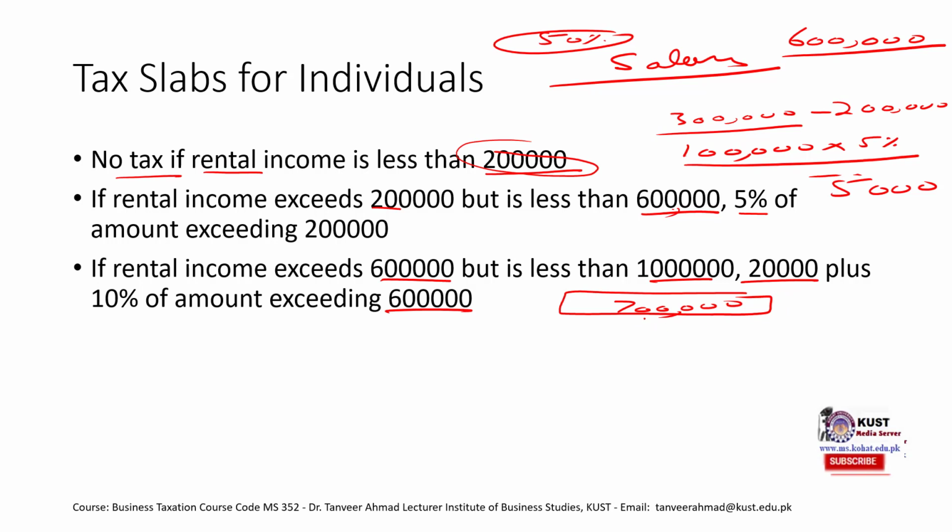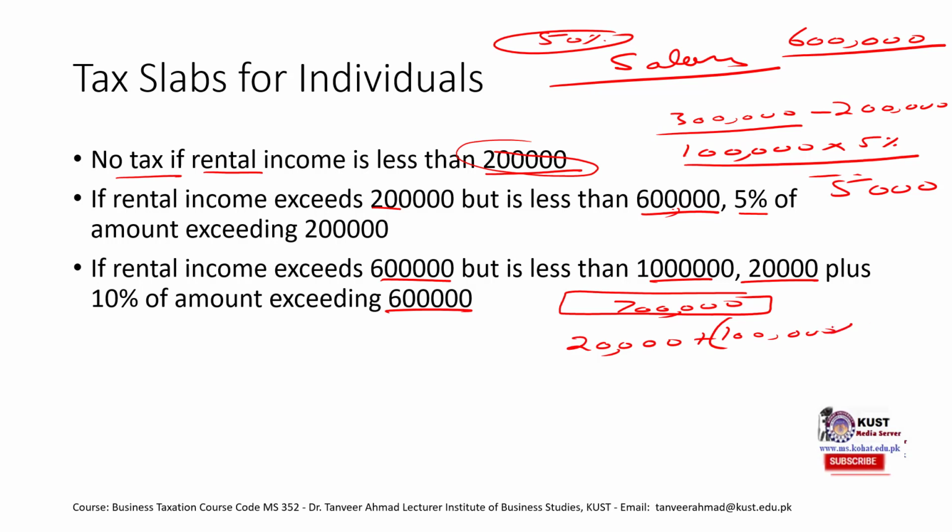So we know it would fall in this specific slab. So the tax would be 20,000 rupees plus the amount exceeding 6 lakh rupees. The amount higher than 6 lakh rupees is 1 lakh. If our yearly rental income was 8 lakh rupees, then the amount exceeding 6 lakh rupees would have been 2 lakh. But in this case, it's 1 lakh.